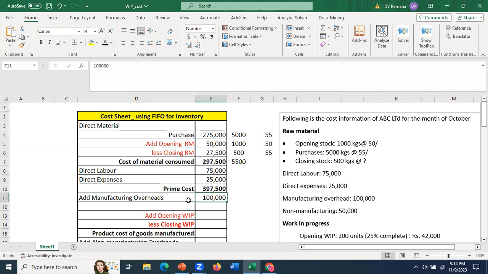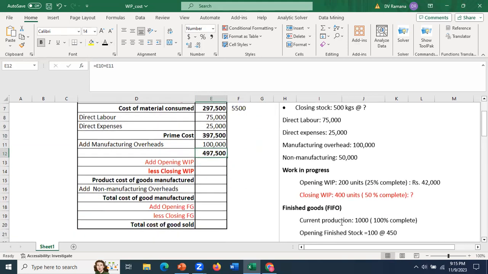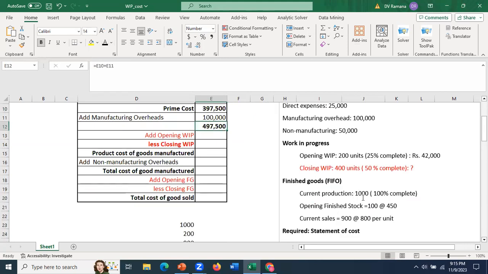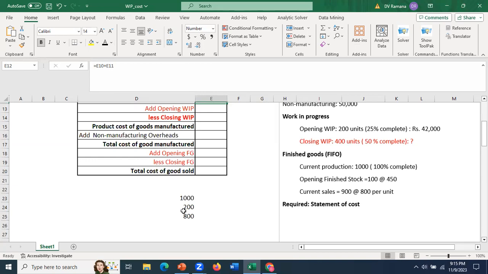Now here comes an important question for our consideration. What is this 497,500 spent on? Did we spend this money on the 1,000 units that we produced during the period? Did we spend this money on 800, which is complete in every respect during this period?